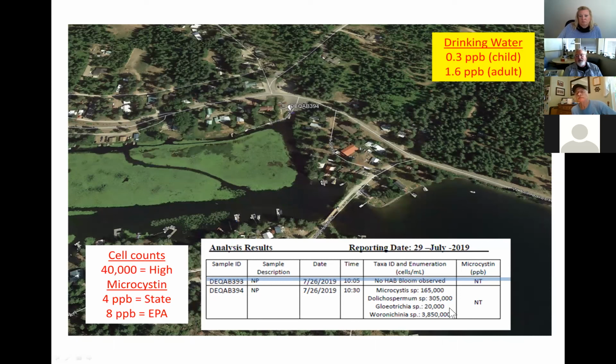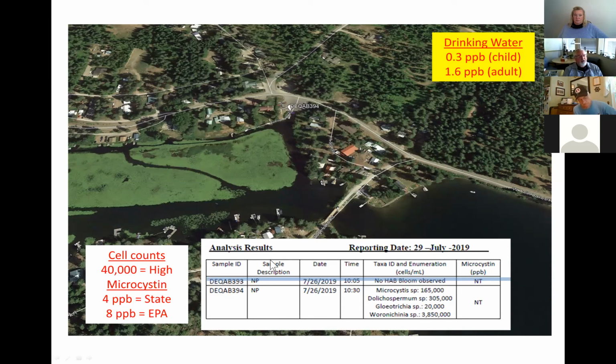These are all potential toxin-producing cyanobacteria, and they well exceed our 20,000 or 40,000 cell count. That gives us worry that there's a potential that toxins have been produced.